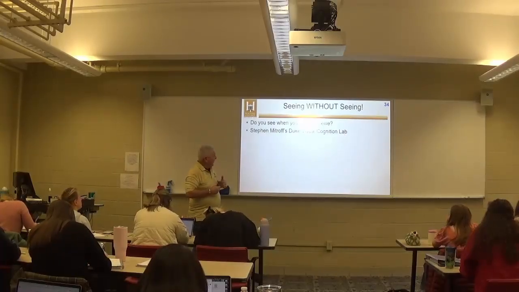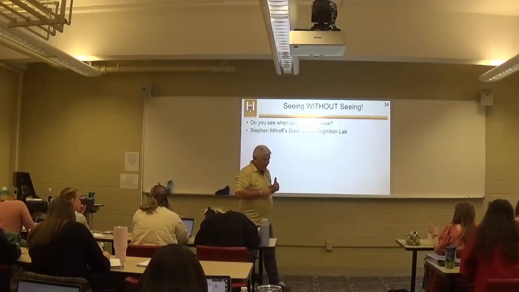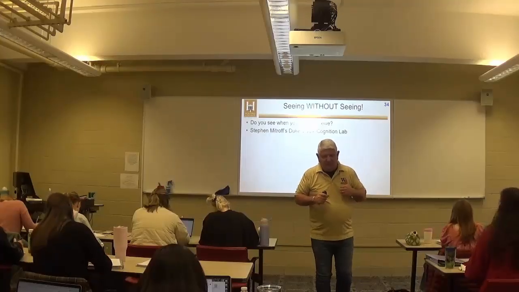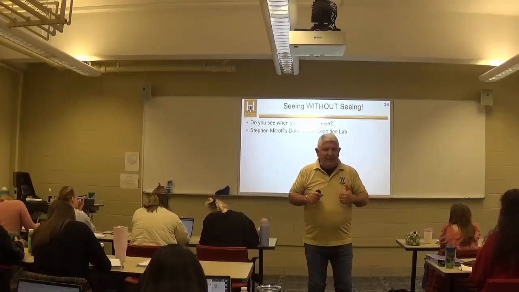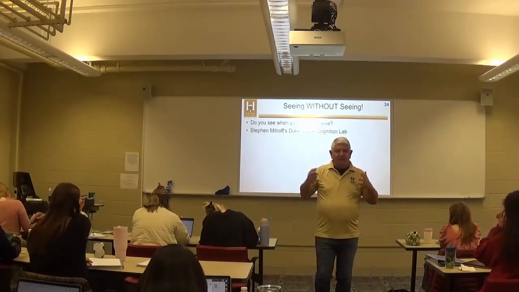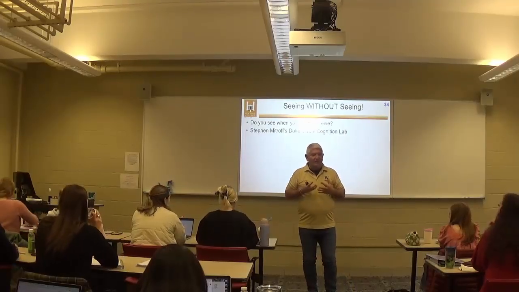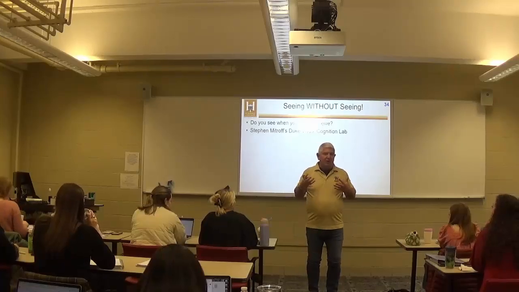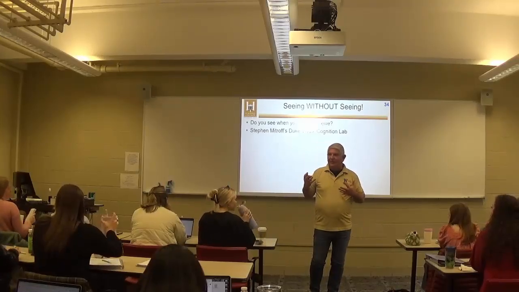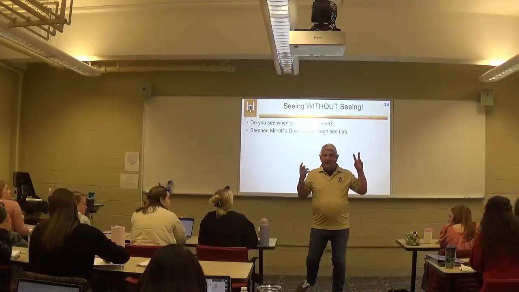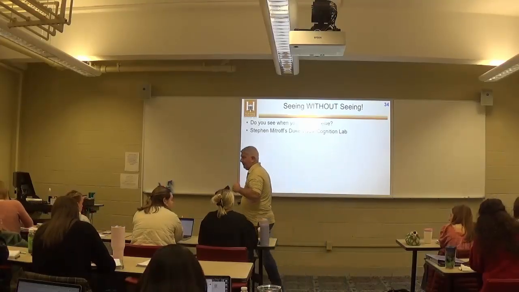So, there's a cognitive scientist at Duke, Stephen Mitroff, who wanted to know, what if I can induce blindness where you say you don't see something, you say you don't perceive something, are you still seeing that thing from the bottom-up signal?